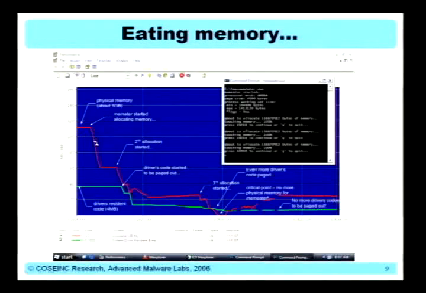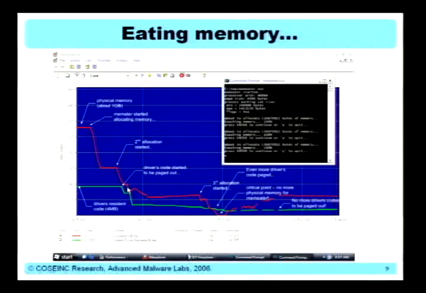Then we start allocating memory. In this example, I allocated 500 megabytes of memory. So I asked for 500 of virtual memory, but the system had lots of physical memory left, so it actually backed up all the memory with physical memory. So we noticed that the amount of physical memory dropped down to 500, 600 or whatever. So then was another allocation, second allocation.